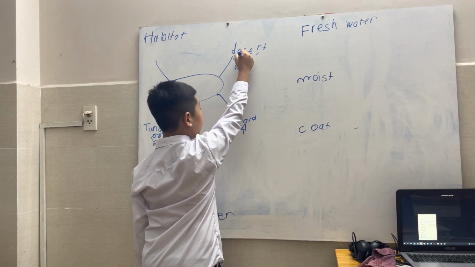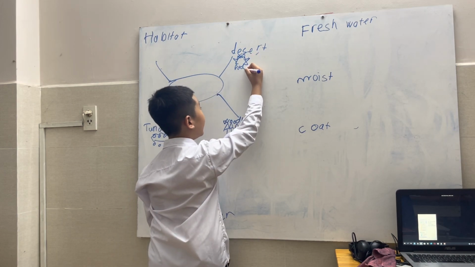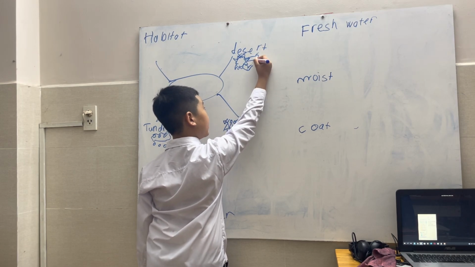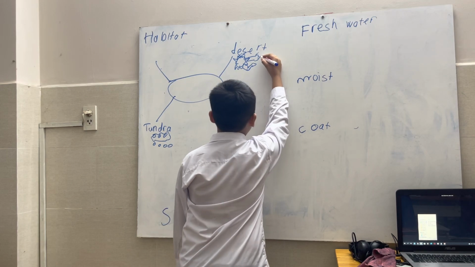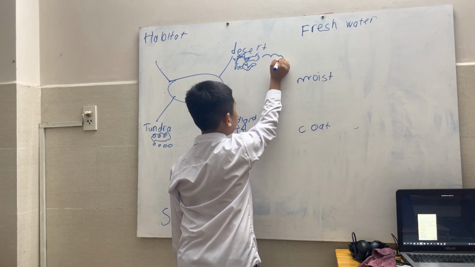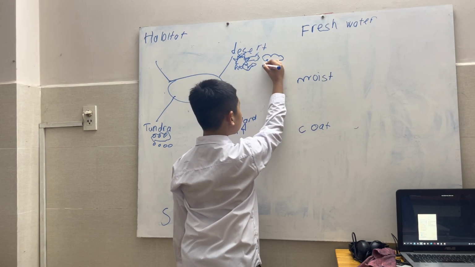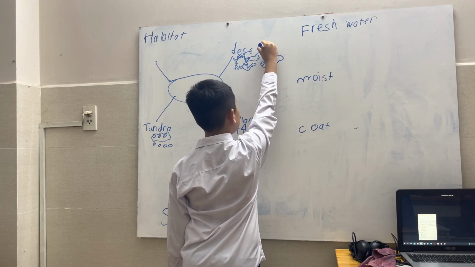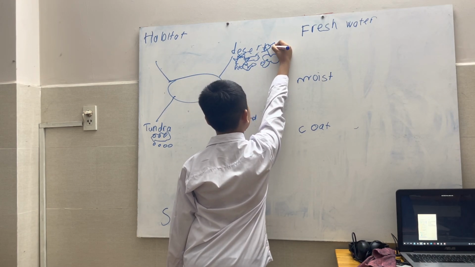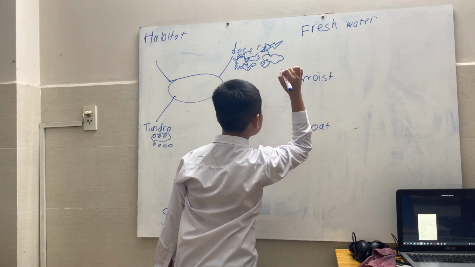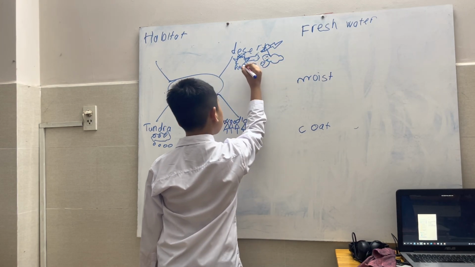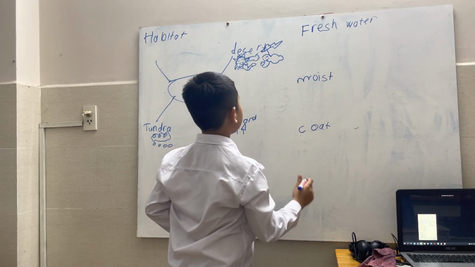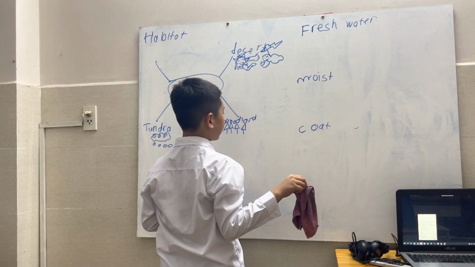The sun is beating down, and there is no rain, like this. Okay, so that's what a desert is.